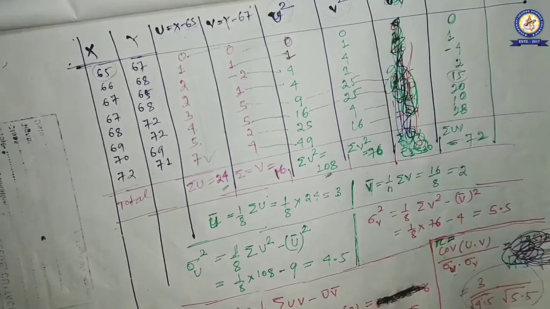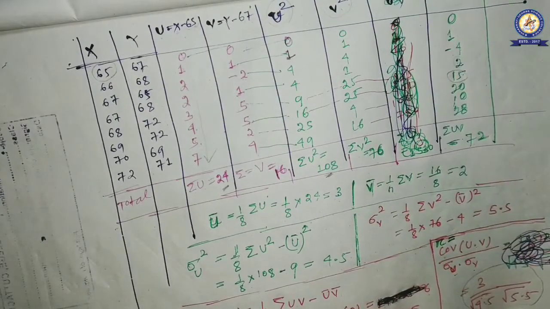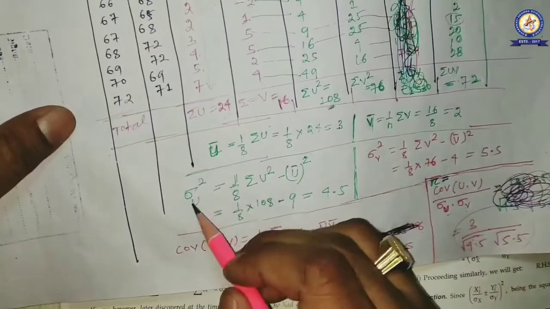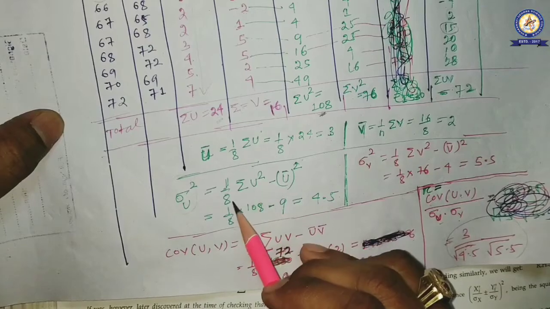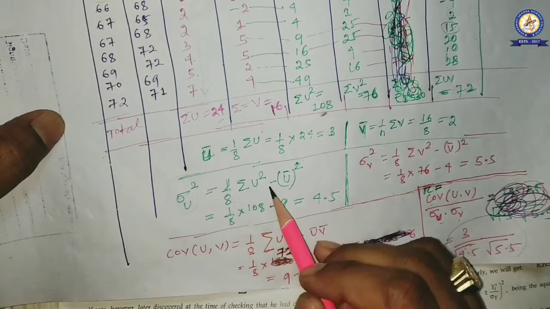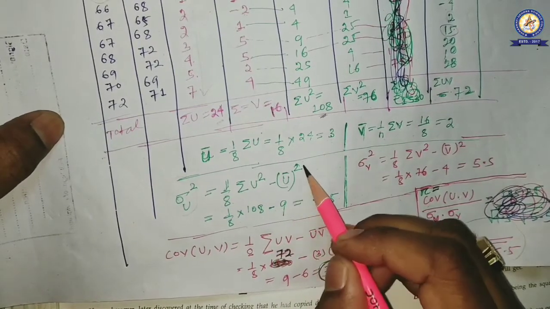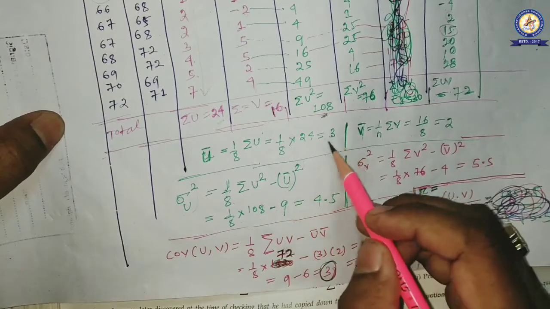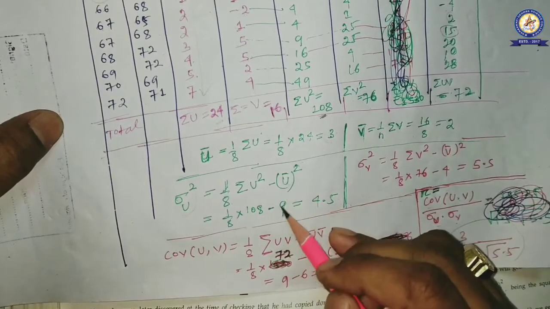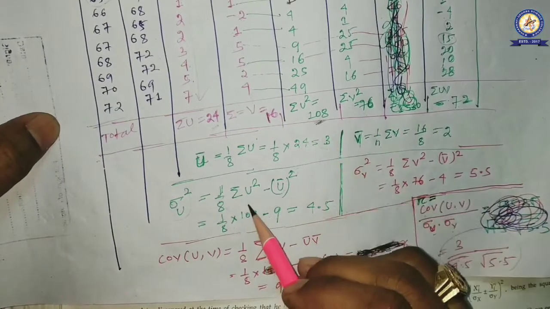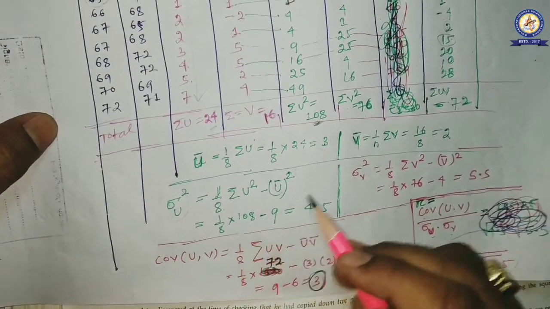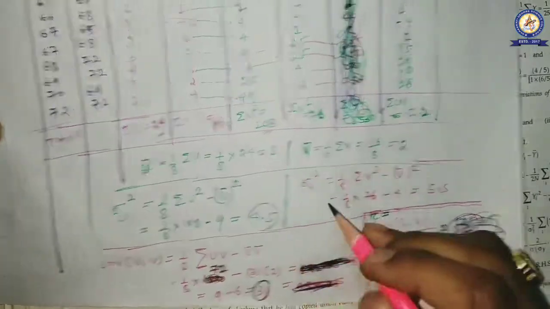Now we are going to go for sigma u square, which is sum of u square by 8 minus mean u square. Mean u we found 3, so mean u square equals 9. Sum of u square we found 108. So 108 by 8 minus 9 gives 4.5.